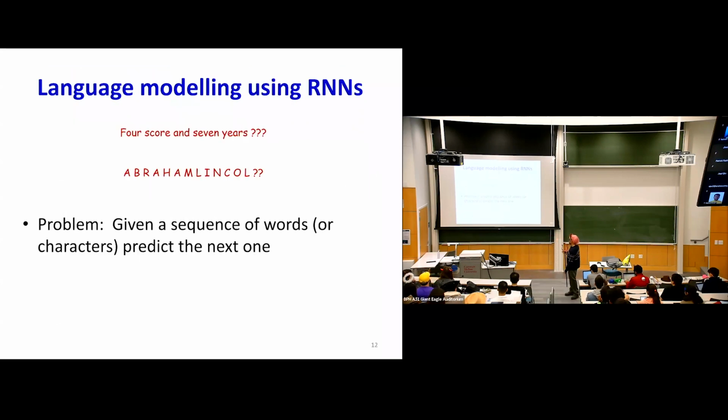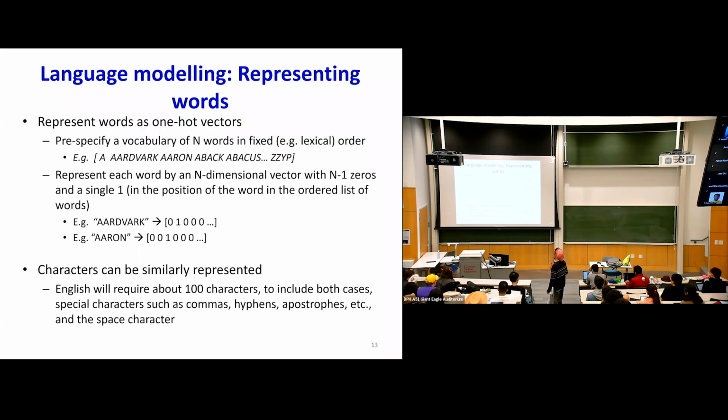The first thing, of course, is that neural networks don't deal with symbols, with text. You've got to convert it to some mathematical formalism. And so we're going to represent words or characters as one-hot vectors, which means you pre-specify a vocabulary, a dictionary, saying here are all the words in my dictionary. There are 100,000 words that you're considering, words ordered 1 through 100,000.